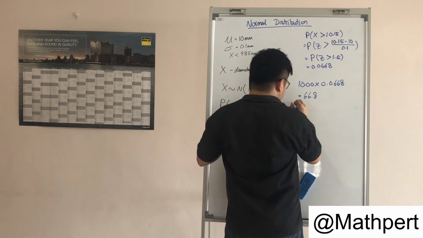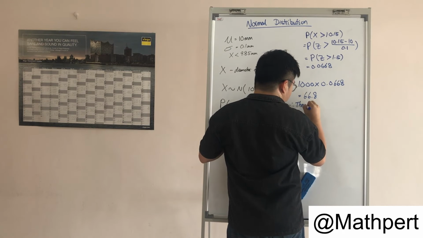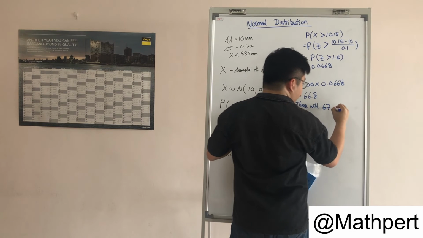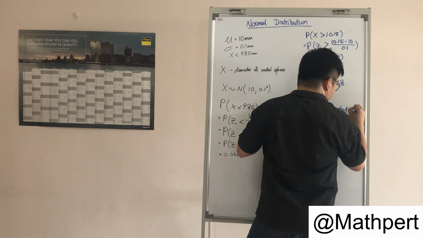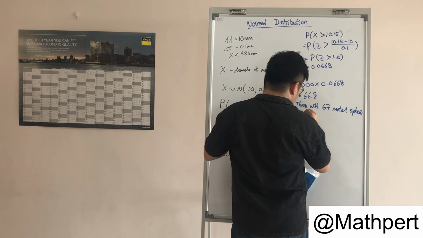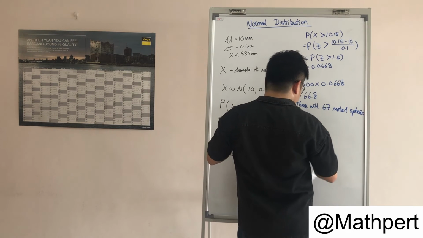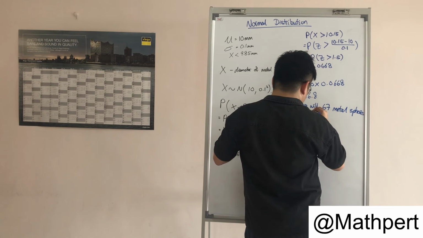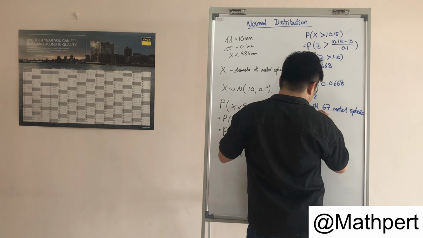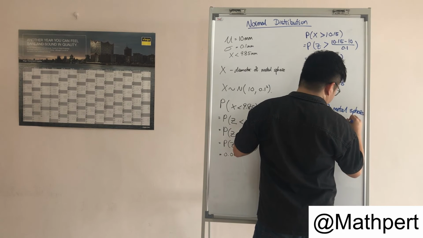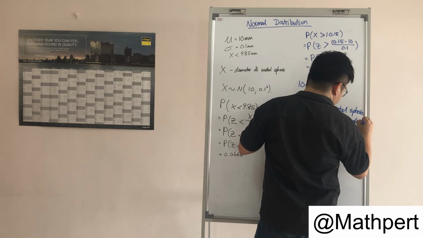Alright, so therefore there will be 67 metal spheres that have more than 10.15 mm diameter.